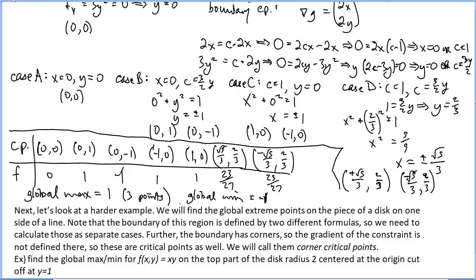So remember that when we think of derivatives not being defined, those give us critical points. So you could either think of these as boundary critical points because it's not defined, or I like to call them corner critical points. So here's the problem. Let's take a look.